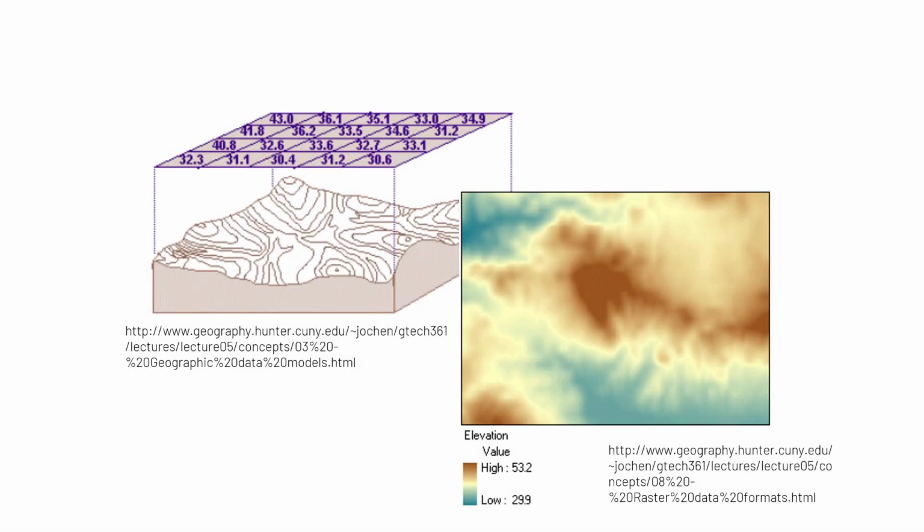So here's an example of what a continuous thematic raster would look like if you're mapping a real world situation. You can see on the left, we're trying to map the elevation of a particular area. Again, you're going to put a grid over top, and you're going to find the elevation inside of each one of those cells. If you were to look at that from a top down and put the grid into a GIS, it might look like what you see on the right-hand side.